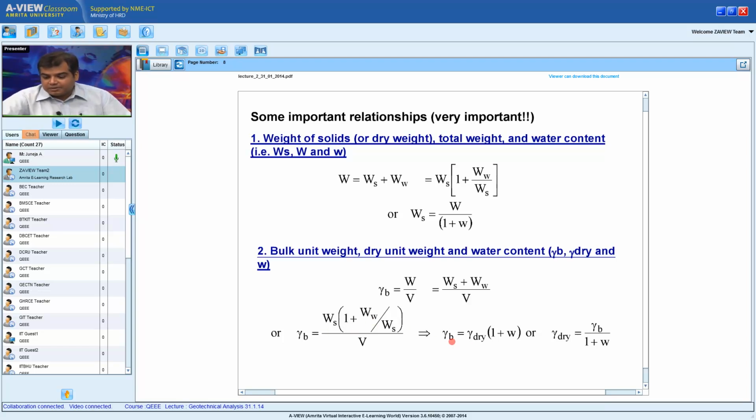In other words, if I scroll, I have bulk unit weight equals dry unit weight times 1 plus water content. I can play around with these terms to get dry unit weight, which is here, equals bulk unit weight, which is there, divided by 1 plus water content. Okay? That's the second relationship.